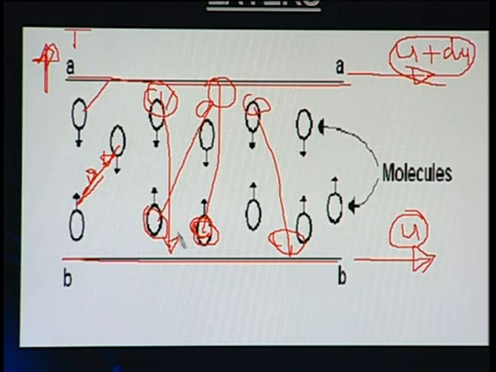Now if we increase the temperature, then momentum exchange by the movement of the molecules from one layer to another layer goes up. So in that case what happens? The force applied by A to BB and BB to A also goes up. So in this manner, in case of gases, the viscosity goes up with increase in temperature.